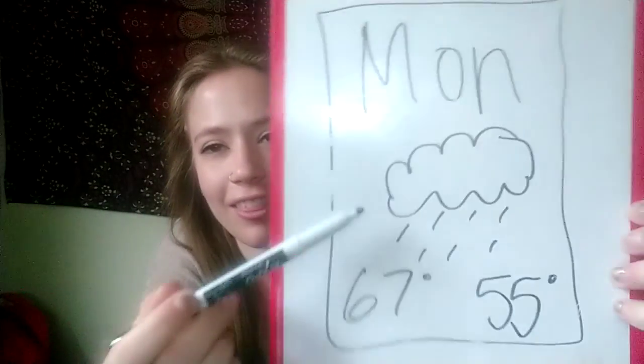Okay, so now my next question is, what type of weather will we have today if this is our weather picture? And you can probably look outside, and if you can, maybe open a window and listen, because you will know automatically what weather we're having today. And that is finally some rain. Woo! I'm so excited. We need the rain.